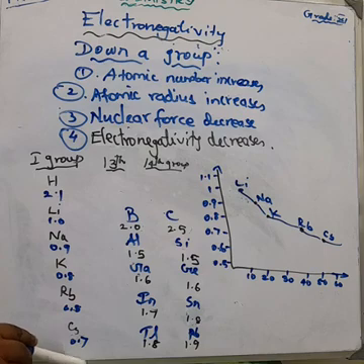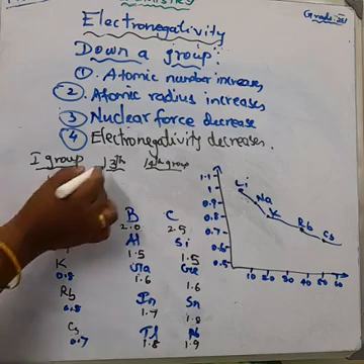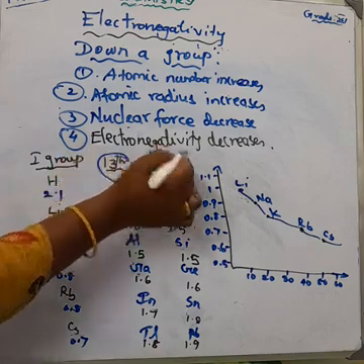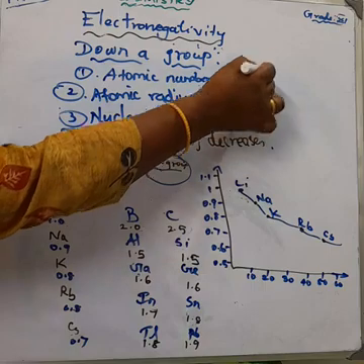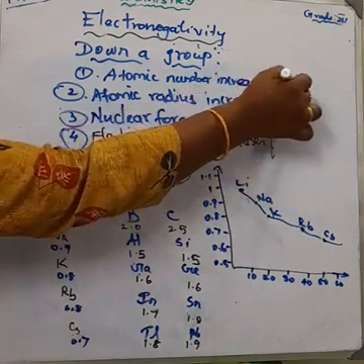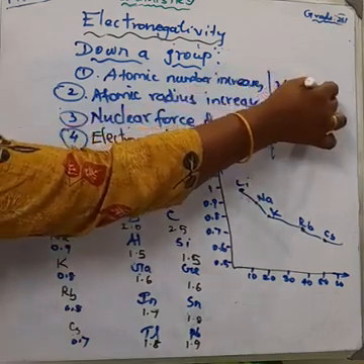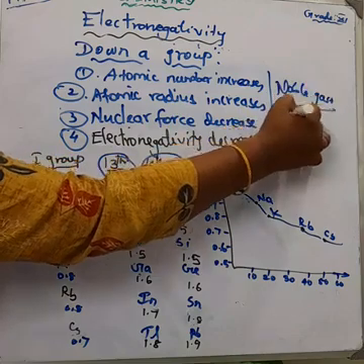But for the noble gases, zero electronegativity is assigned. We know noble gases have a stable electronic configuration: helium, neon, argon, krypton, xenon, radon. These are the noble gases.